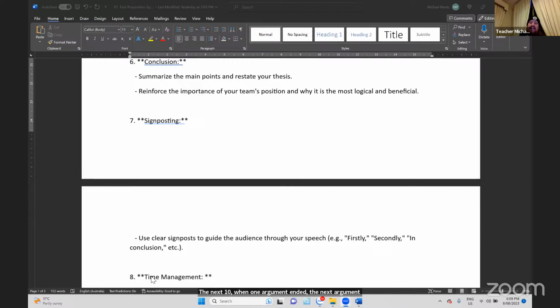So by using this technique, by saying things like firstly, secondly, or in conclusion, it clearly separates each part of your speech, and it makes it very obvious for anybody listening.